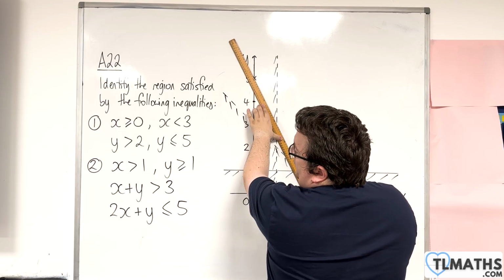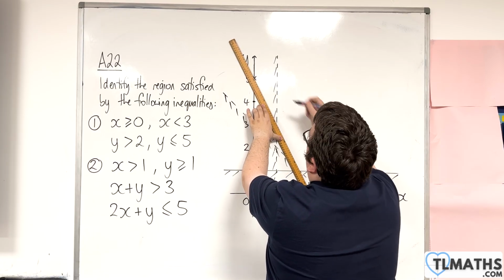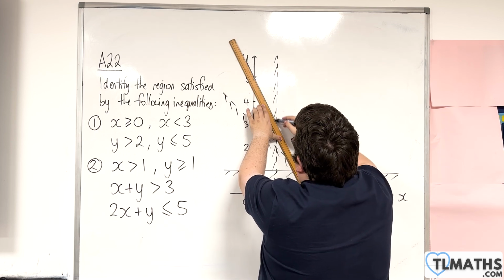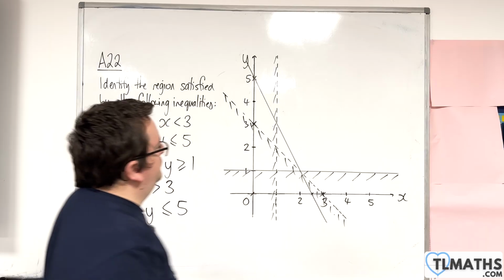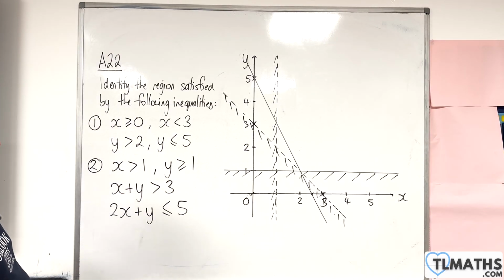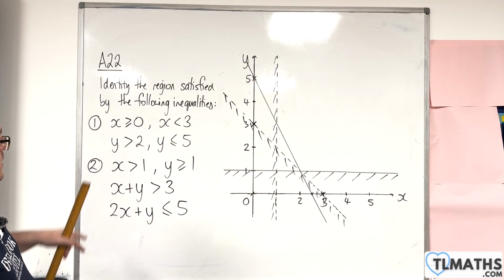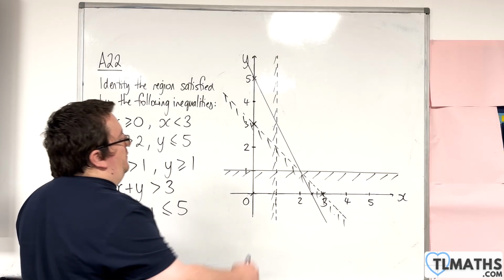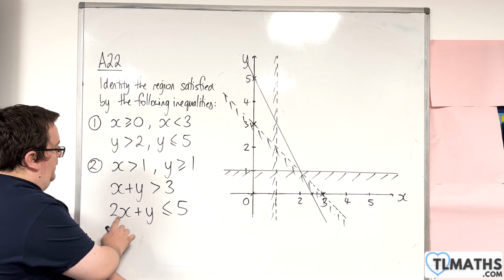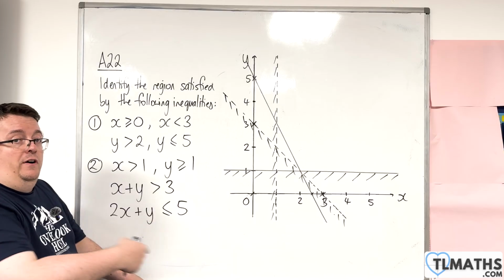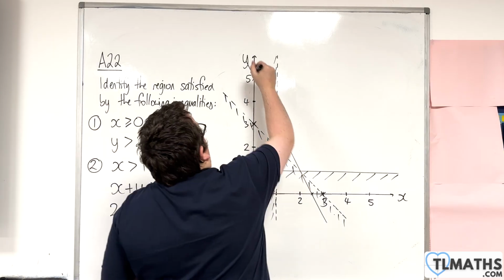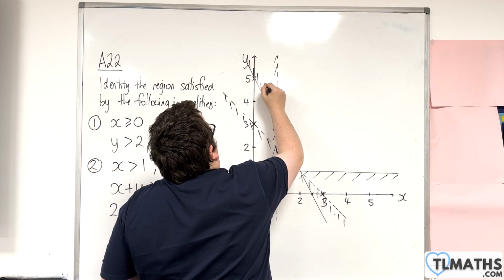And it's a solid line because it's less than or equal to. Like so. And we want less than or equal to. So if I try 0, 0, 2 lots of 0 plus 0 is 0. Is that less than 5? Yes. So the region I don't want is above.